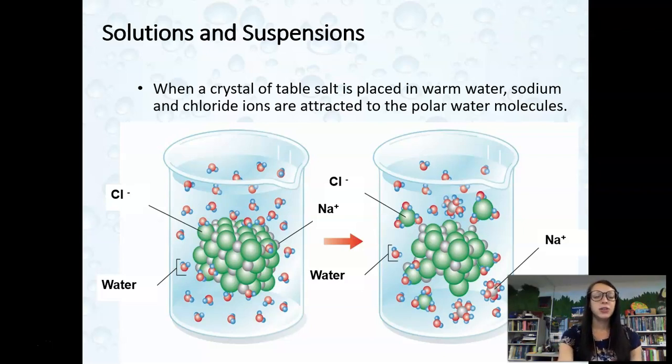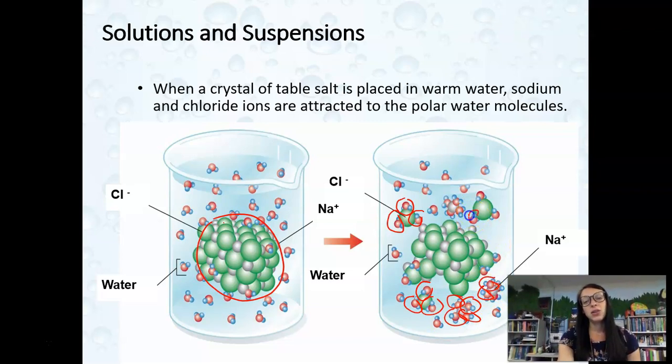And you can see here, in this image, you've got one big salt crystal of sodium chloride. And then as you stir and as the salt begins to dissolve, what happens is the little water molecules begin to surround each of the sodium and chloride ions, allowing it to be considered a solution. So you can see how that kind of breaks up.